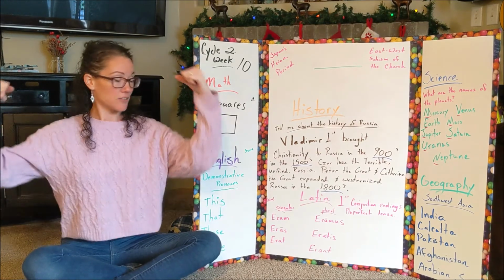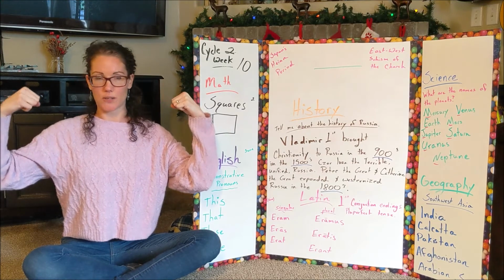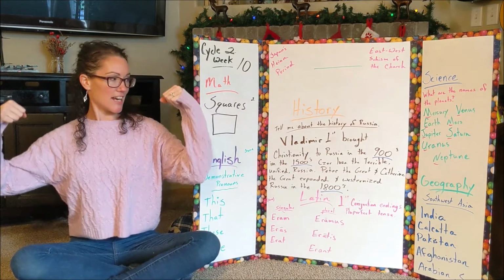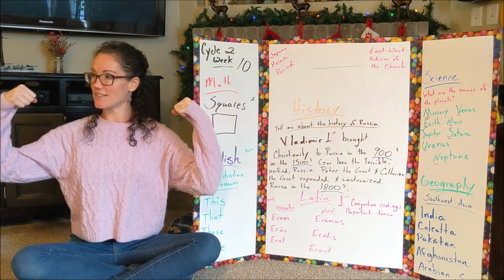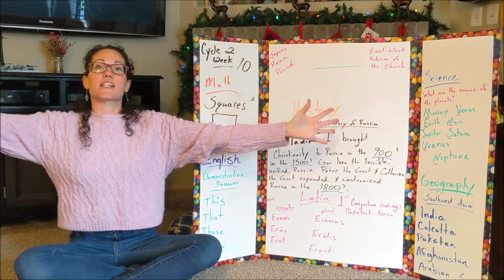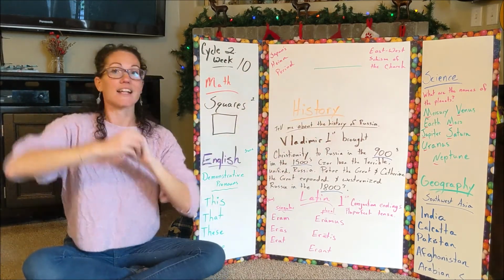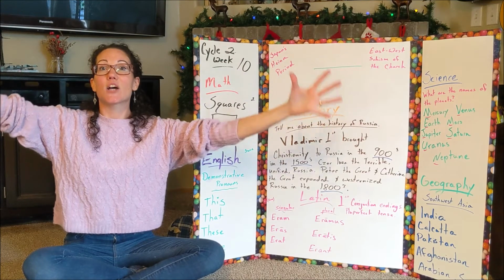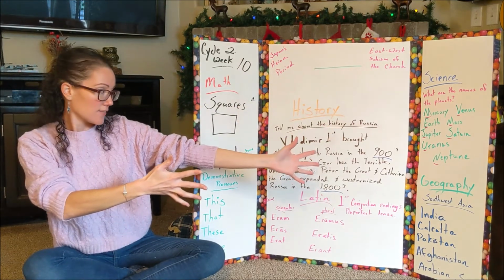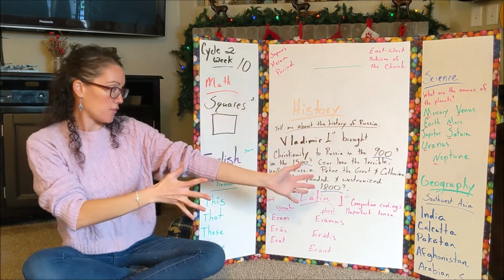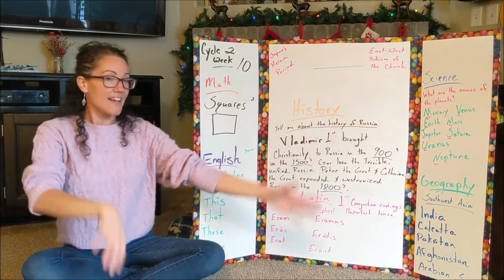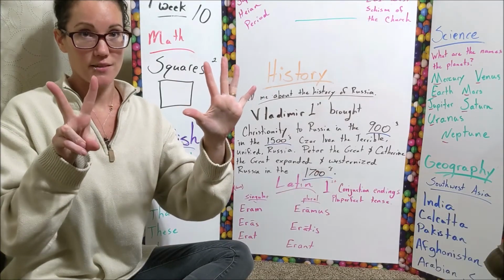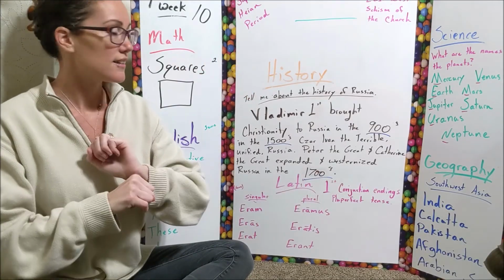Peter the Great, and we're just going to go like this for just the regular great. Peter the Great and Catherine the Great expanded, so we're just going to expand our arms, expanded and westernized, we're just going to move it over to the west, Russia in the 1700s. And we're just going to throw up our 7 at the end.